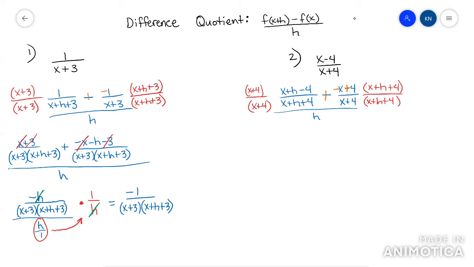Okay, now this one's going to be kind of tricky because you're going to have to FOIL out the top part here. And you're going to have to FOIL out the top part here. So this is what it should look like. When I do this, I say FOIL, but really I'm just going to distribute the x to everything, and then I'm going to distribute the 4 to everything. That's how I'm going to do this. So this is what it would look like.